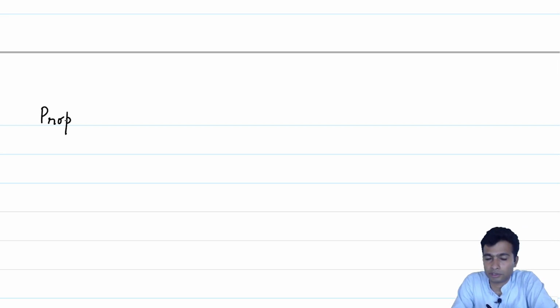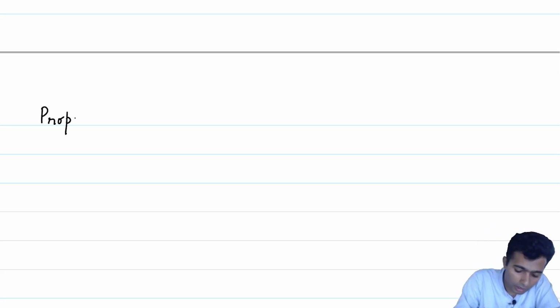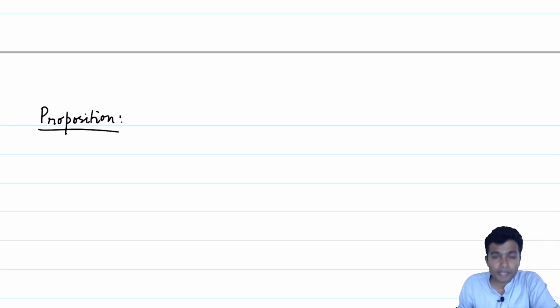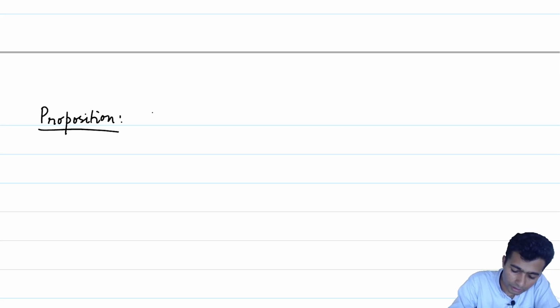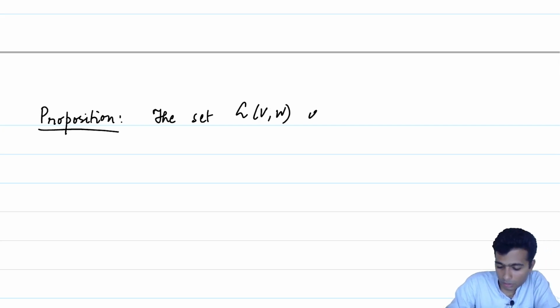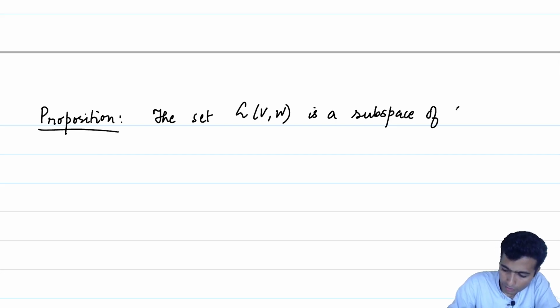Further, we showed that if you take two such linear transformations and add them, you get back a linear transformation. If you take the scalar multiplication of a scalar and a linear transformation, you get back a linear transformation. So this prompts us to write down the proposition that the set L of V comma W is a subspace of F of V comma W.